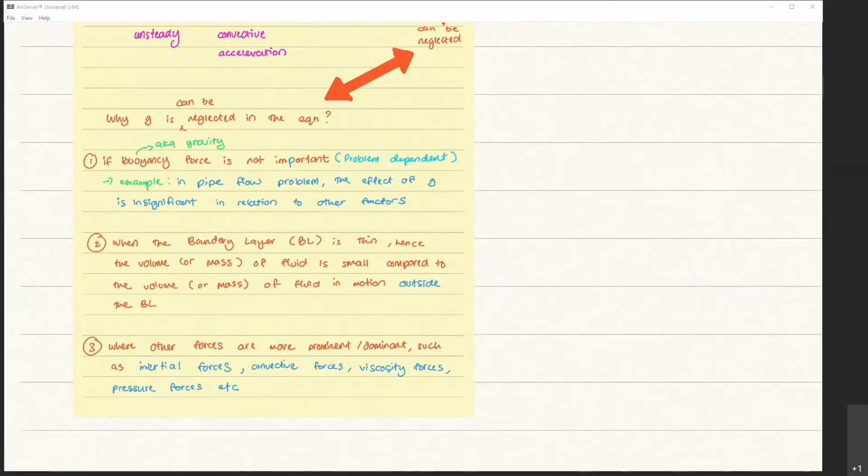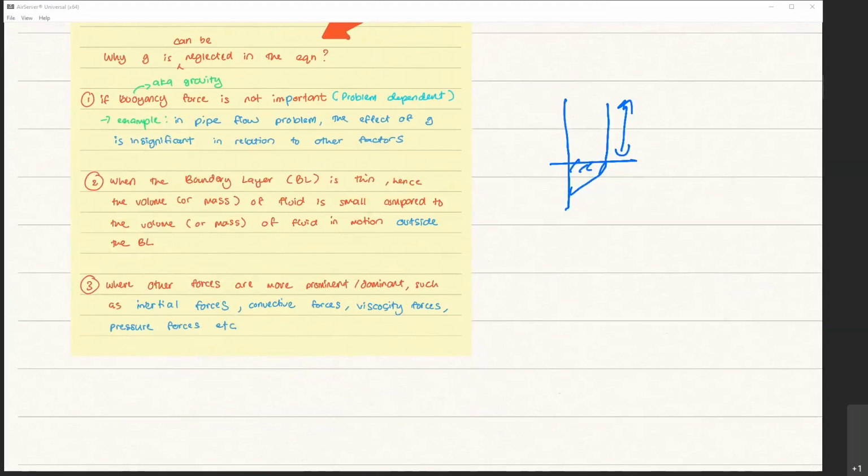The mass of the flow outside the boundary layer is larger than the mass of the fluid in the boundary layer region. And finally, when all other forces are more prominent or dominant, such as inertial forces, convective forces, viscosity, pressure, and so on.